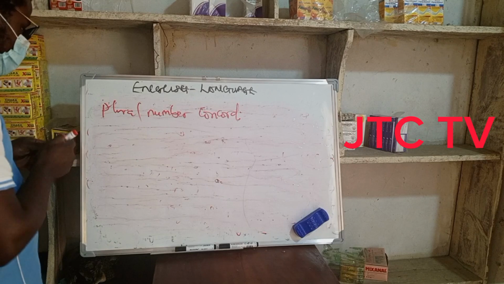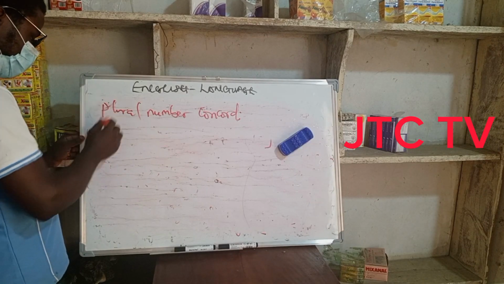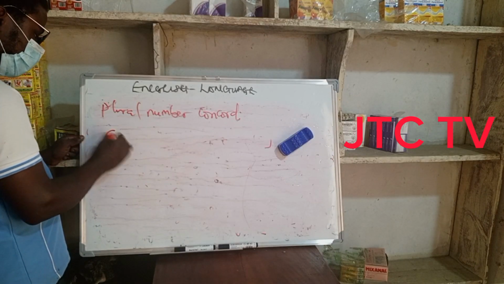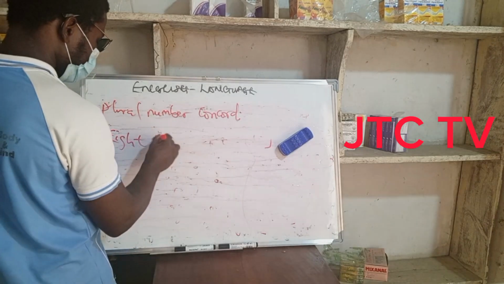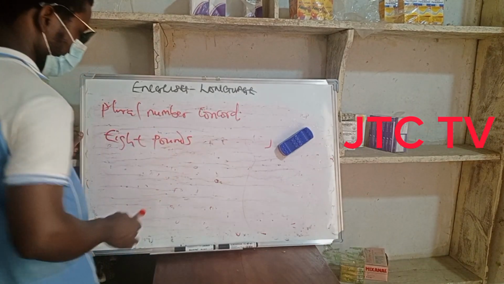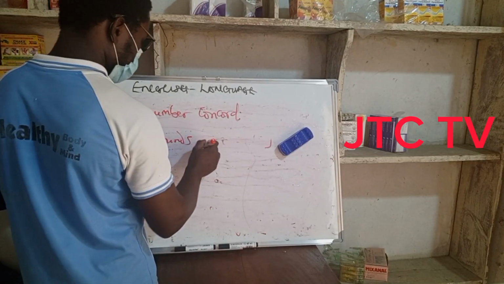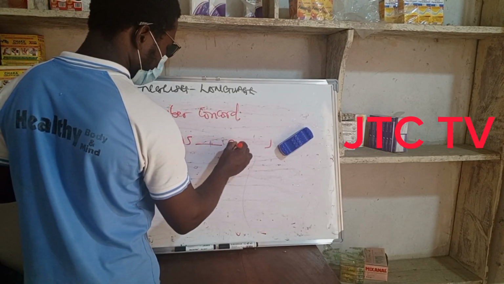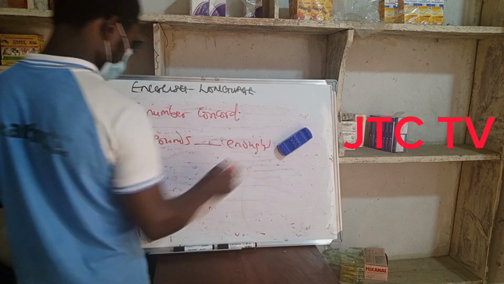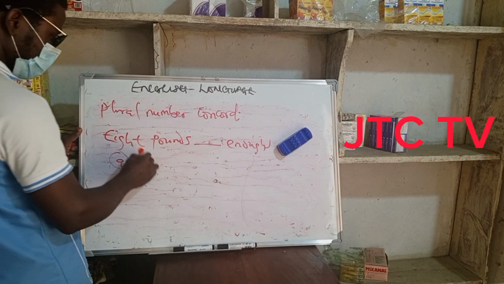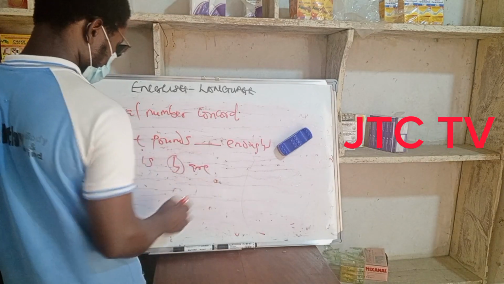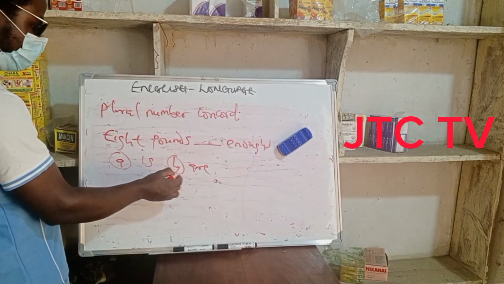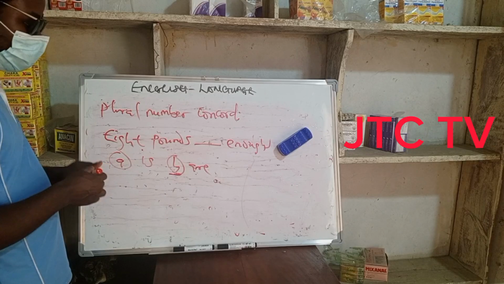For example, we have 8 pounds dash enough. I have A is, B are. Some people will rush to pick option B, are.